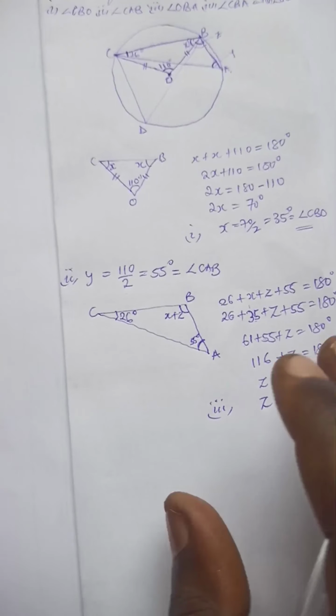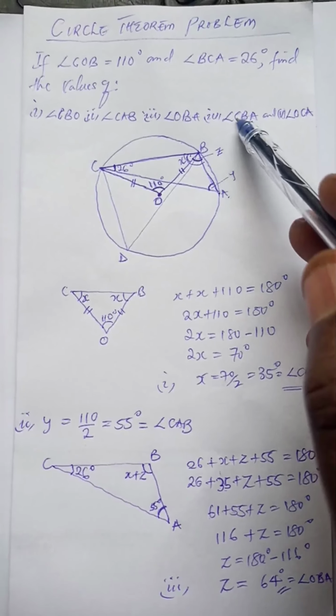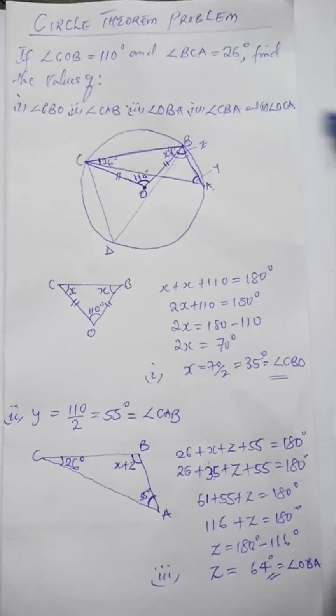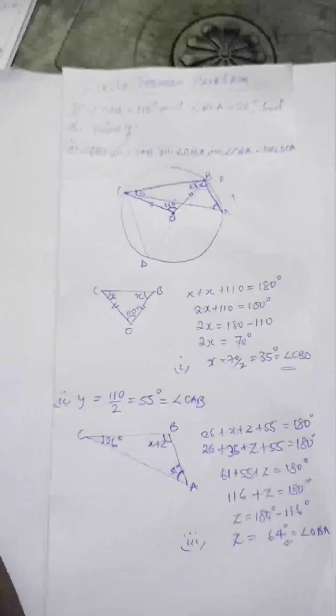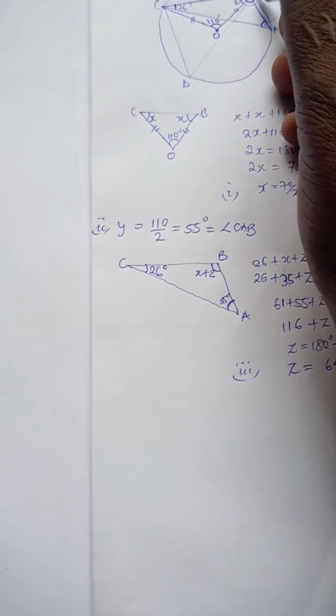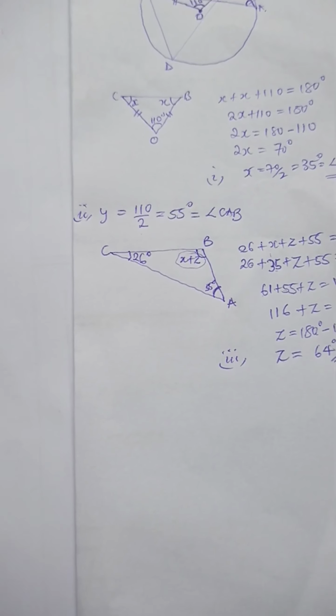Now let's see the next. IV says we should look for angle CBA. Oh, we've just worked on this, but in another way. That means we're looking for angle B, and angle B is the sum of x and z.